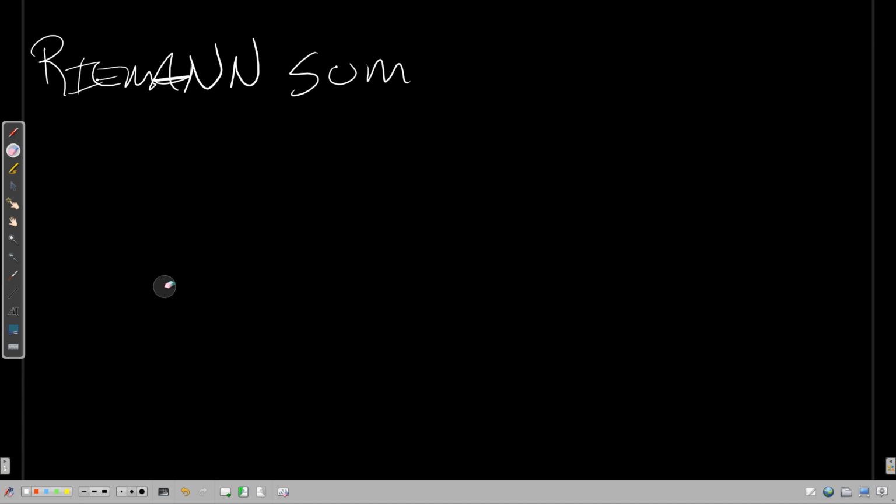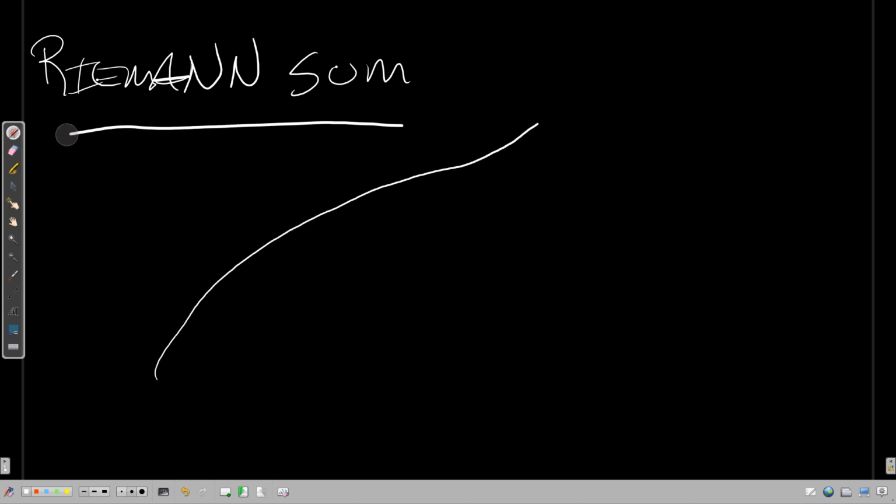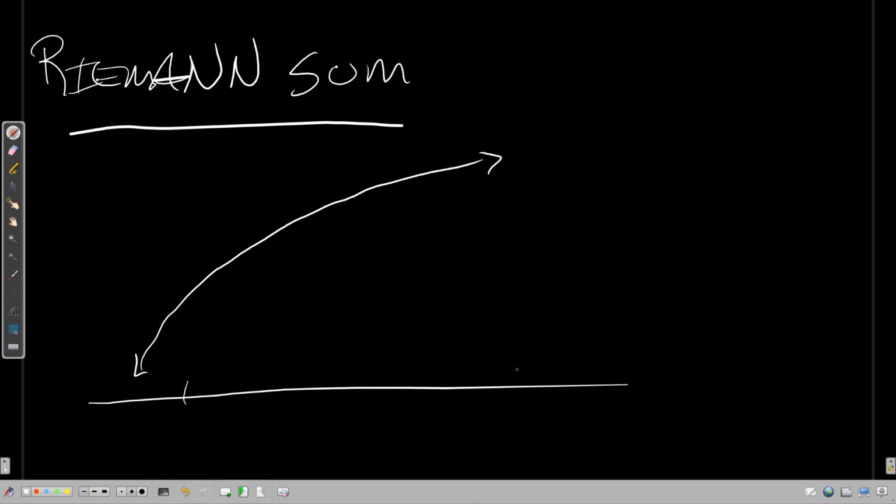So let's think of, let's draw a couple cases here. So if I had an increasing function that was concave down over some interval, let's say I'll do from 0 to 2.